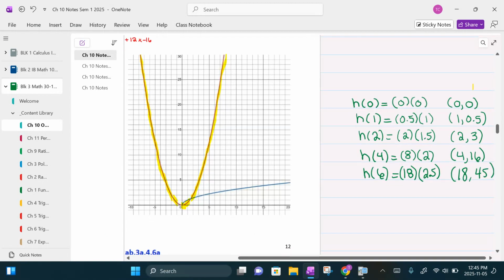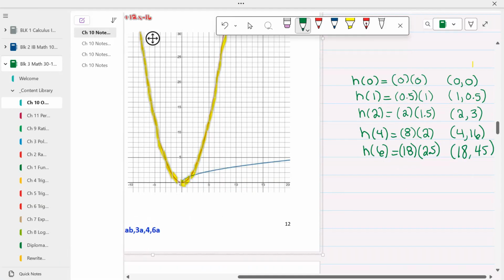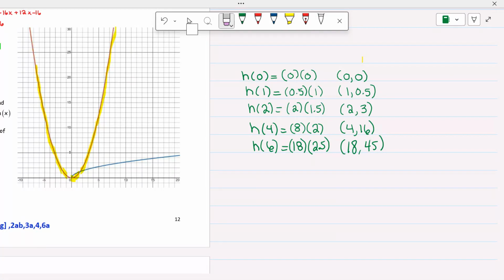So now we can sketch. So 0, 0. Just going to get rid of the highlighted so you can see my points. So 0, 0, 1, 0.5, 2 is 3, 4 is 16, and then 6, sorry, that should have been 45.